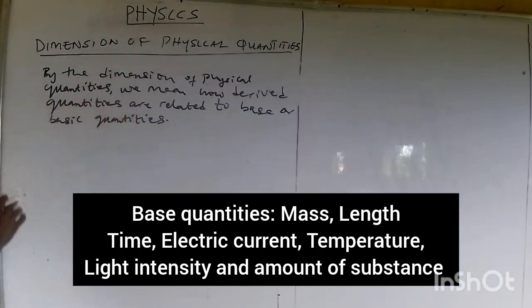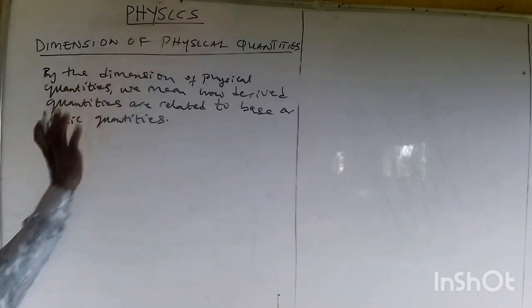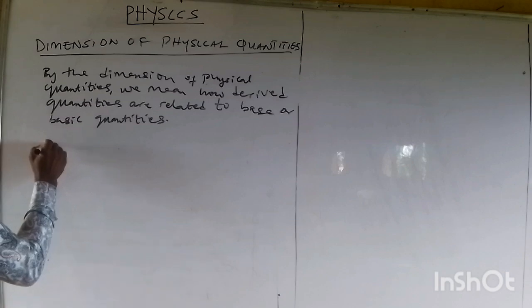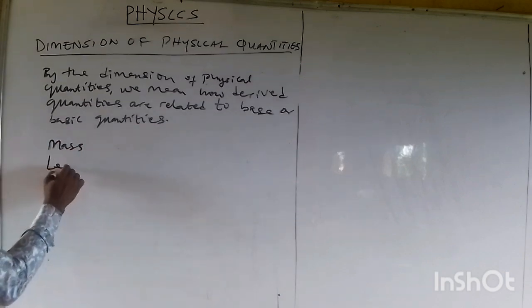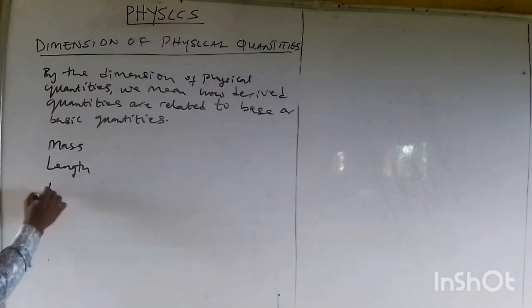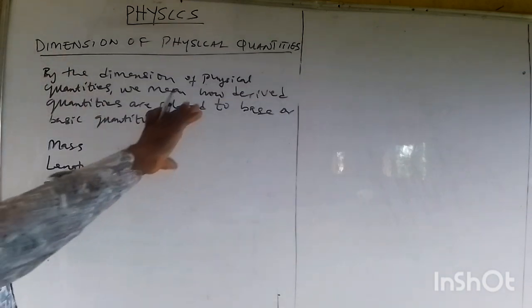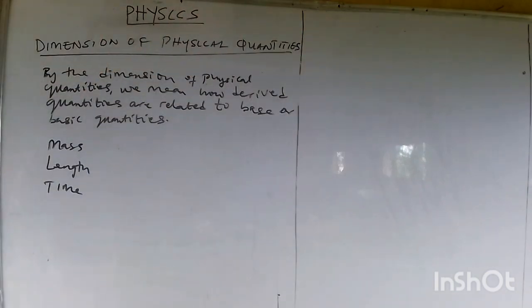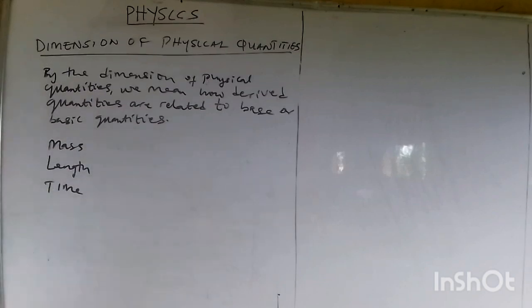Now, the derived quantities will depend only on 3: the mass, the length, and time. So, apart from the other quantities, every other quantity we have is related to these 3 dimensionally.